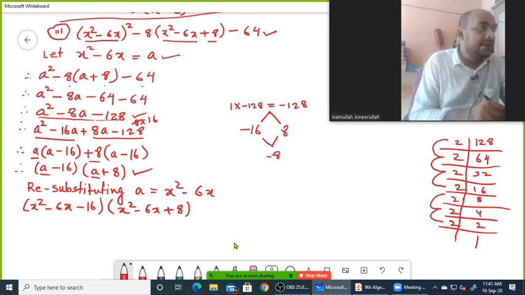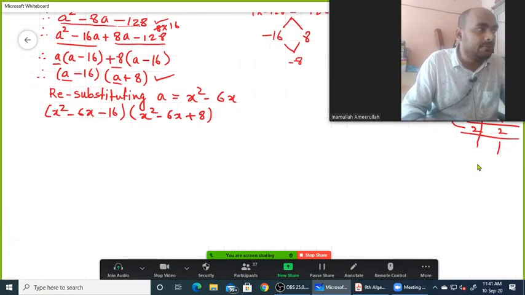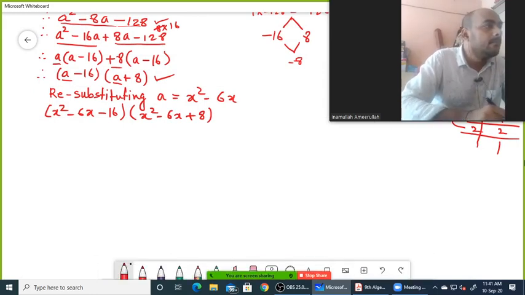So this is x square minus 6x minus 16. This polynomial can be factorized as follows. In this bracket, the coefficient of the first term is 1, whereas the coefficient of the third term is minus 16.